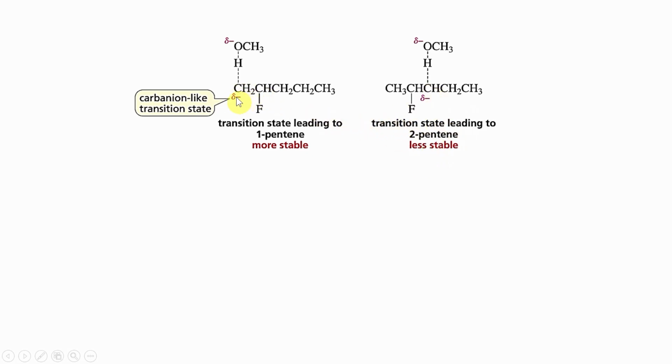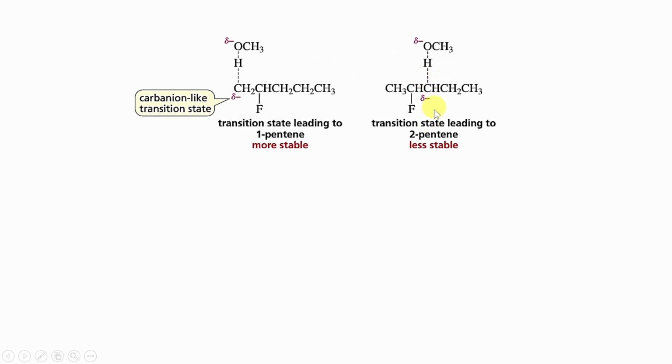You know, this carbanion-like transition state is more stable than this one, because here the negative charge is on the primary carbon atom, whereas in this case the negative charge is on the secondary carbon atom. The primary carbanion is more stable than the secondary carbanion.